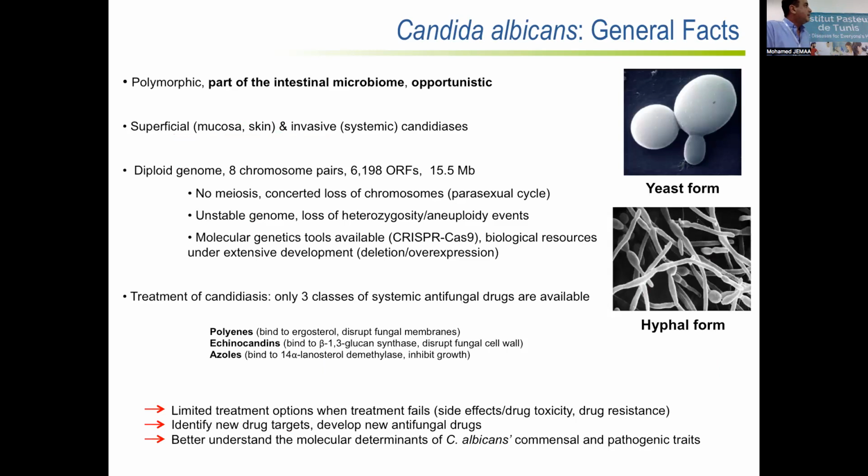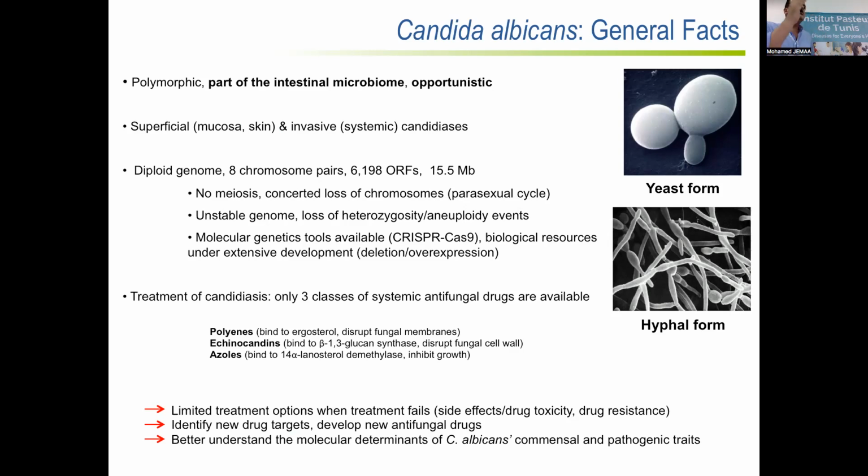So Candida has a diploid genome consisting of 8 chromosome pairs and around 6,200 ORFs for a total size of 15.5 megabases. There is no meiosis in Candida albicans.